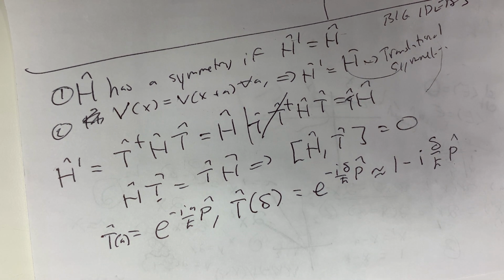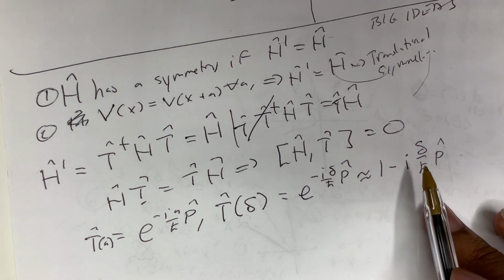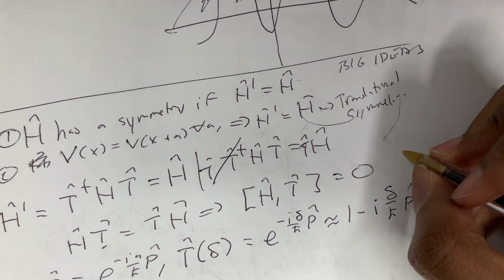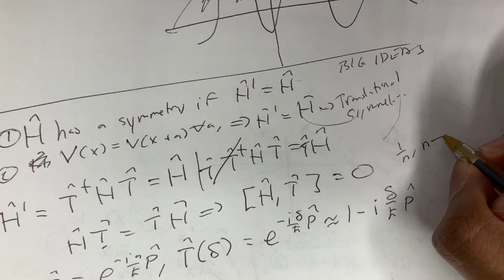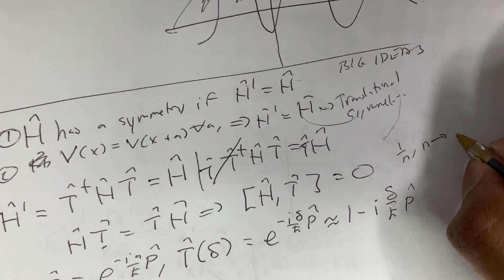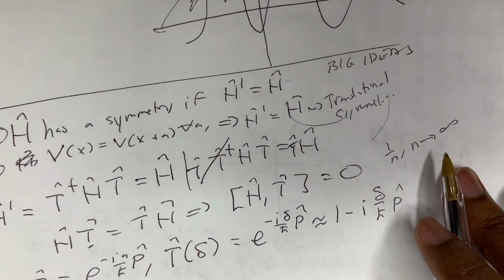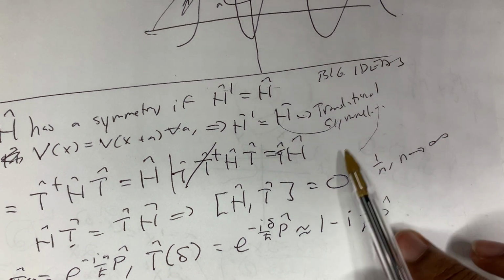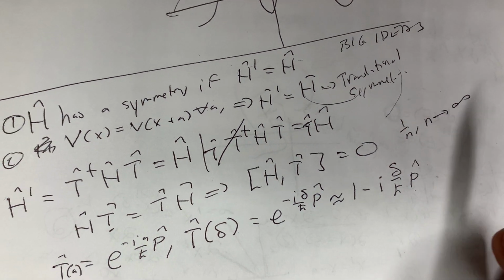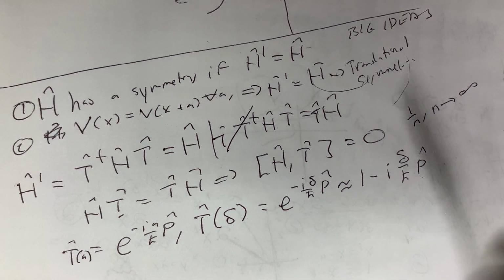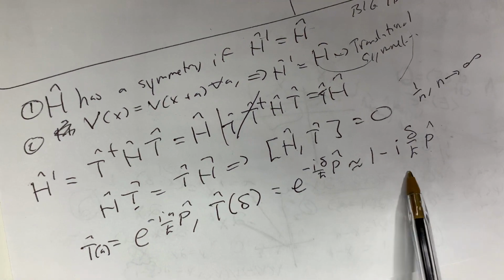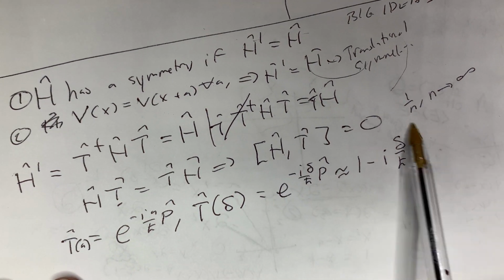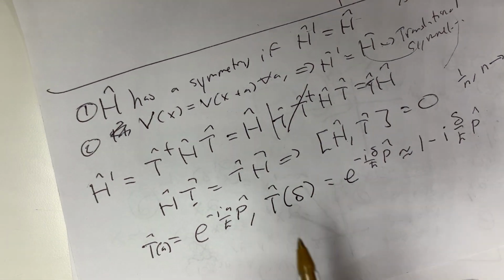We have to technically, rigorously define what this infinitesimal is. You can think of it as 1 over n, where n is getting closer to infinity. That's the vague sense of what the infinitesimal is. You can define it more rigorously in real analysis, but let's just keep it simple.